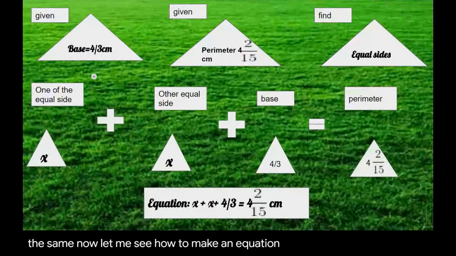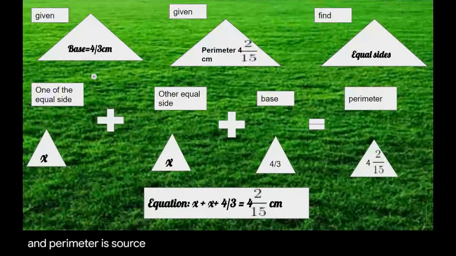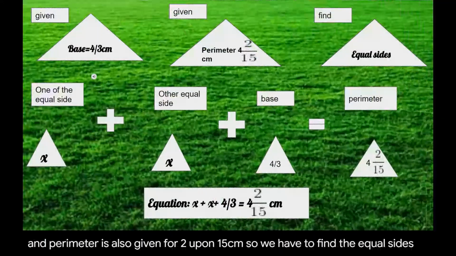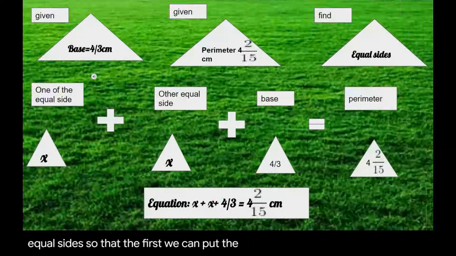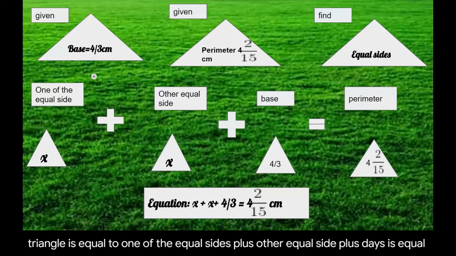For making an equation, we should know what things are given and what we have to find. Here, the base length is given as 4 upon 3 centimeters and the perimeter is also given as 4 2 upon 15 centimeters. So we have to find the equal sides. For that, first we can put the formula of the perimeter of an isosceles triangle: one equal side plus the other equal side plus base is equal to the perimeter.